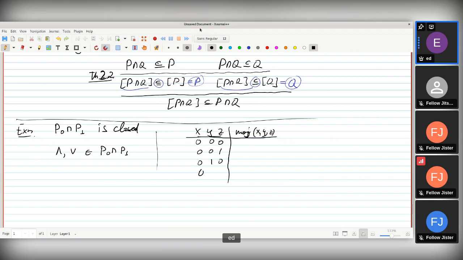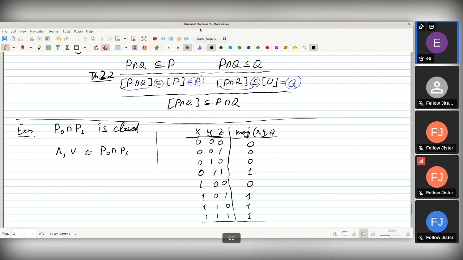So if you have more zeros, it will give us 0. If you have more ones, it will give you 1. Formally, it gives us 1 if and only if we have more ones than zeros.